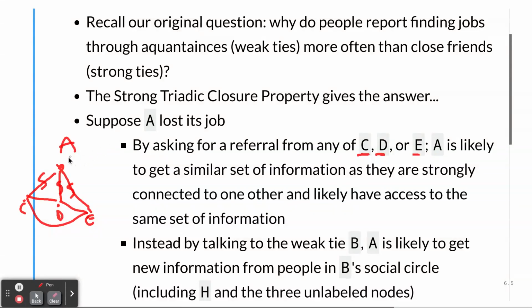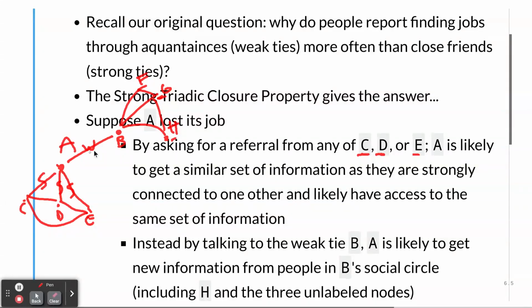However, if we jump across this local bridge, across the weak tie over here to B, B has access to another network, including F, G, and H. And maybe there's somebody in this network, F, G, or H, that can give a positive lead for A's new job.